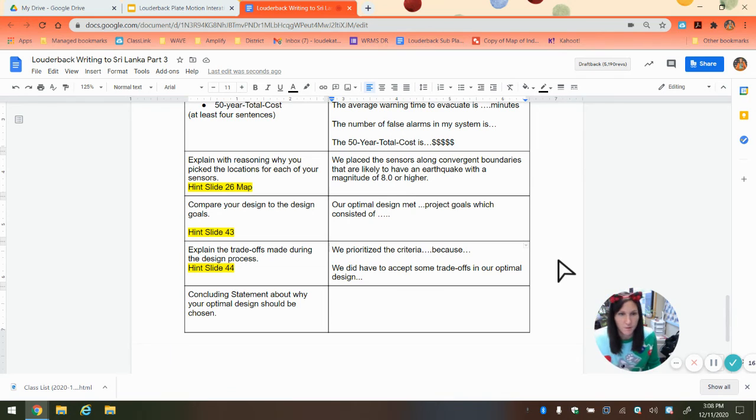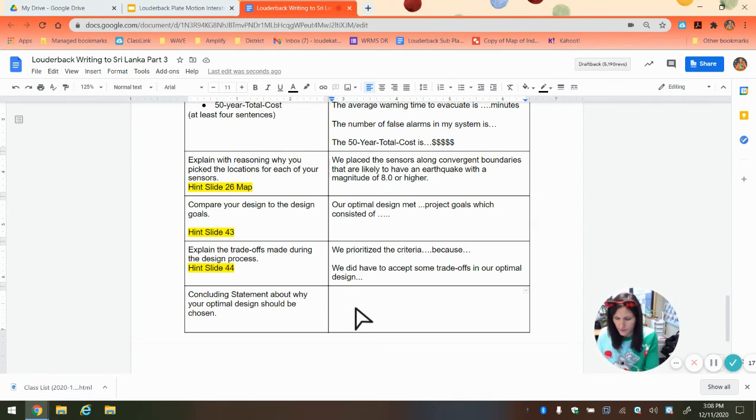So that's an example of something to look for. Or maybe it's in order to prioritize maximum warning time because we want people to get to safety. We had to accept some trade-offs in our optimal design of adding more sensors and increasing the cost of our 50-year plan. That's kind of what we're looking at here in the sense.